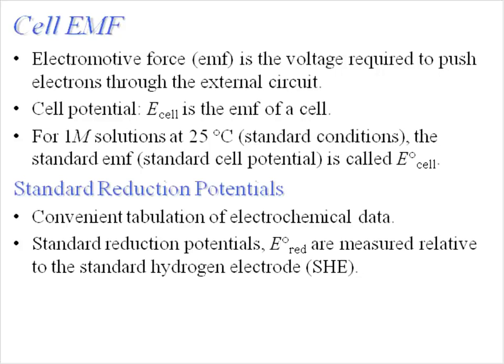Because if there are more particles of Cu2+, then it's common sense that there should be a lot of them going to copper and getting themselves deposited, each one demanding 2 electrons.